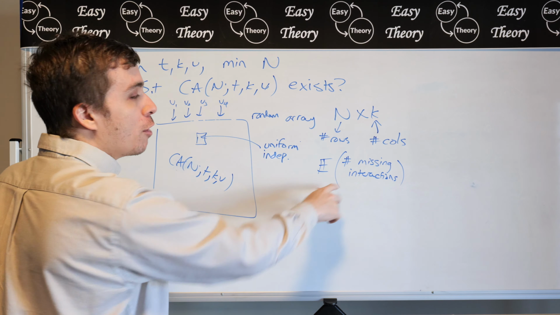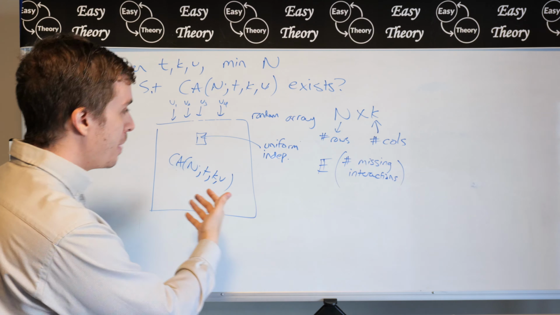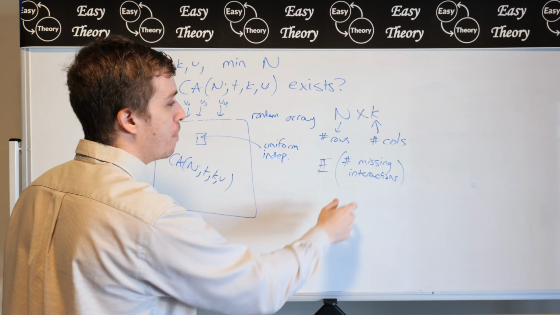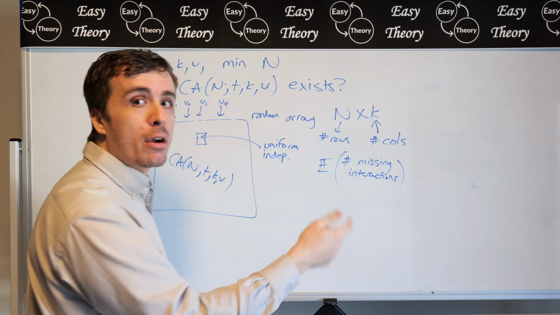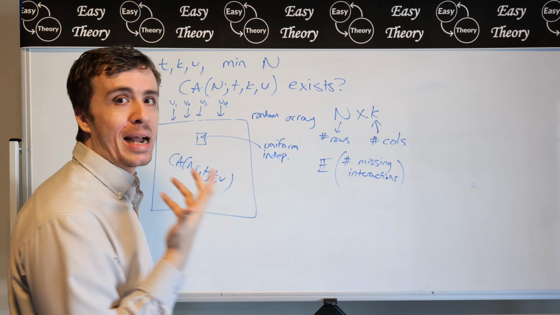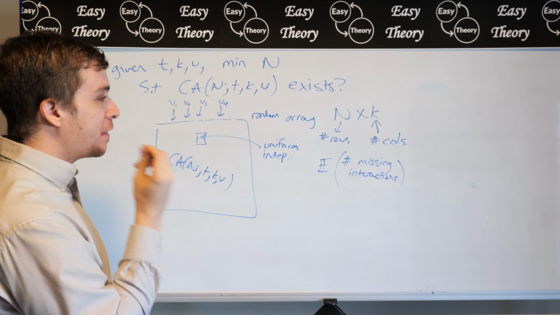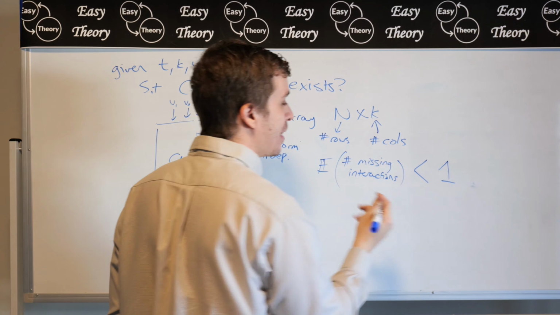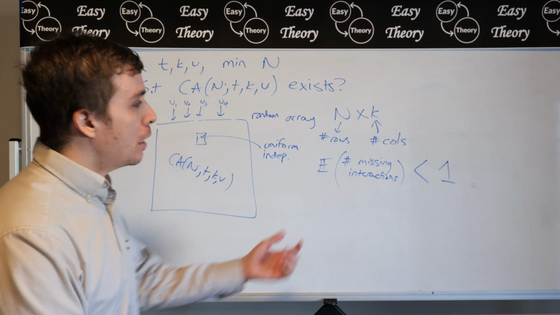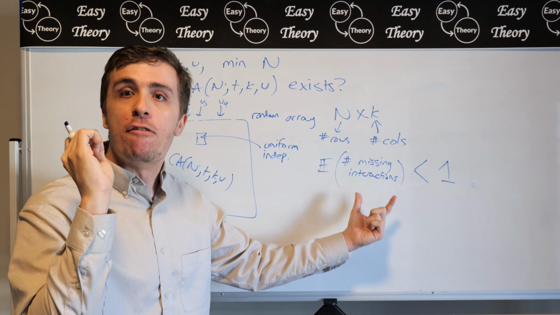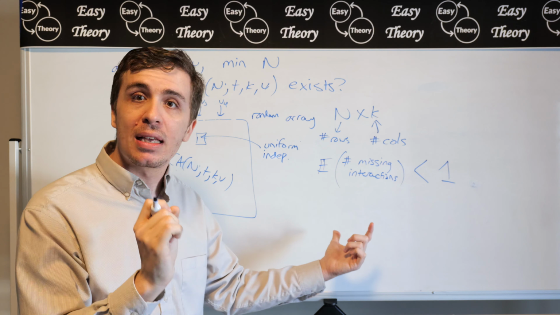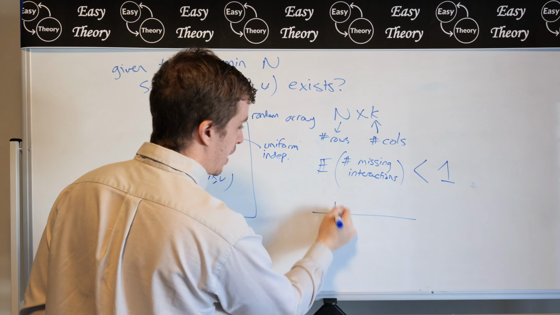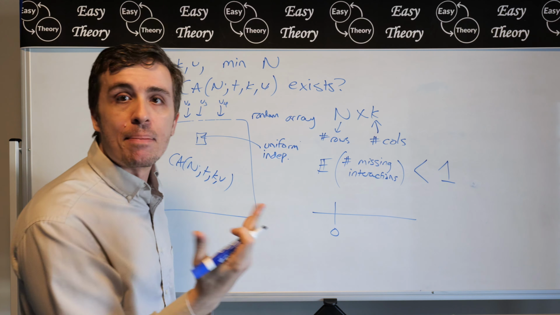So the number of missing interactions is going to be some kind of random variable, because we're selecting things uniformly at random. And so therefore it has an expectation. Well, if the expectation is strictly, importantly strictly less than 1, so the expected number of missing things is strictly less than 1, then if we visualize the number line right here, the number of missing things can't be less than 0.